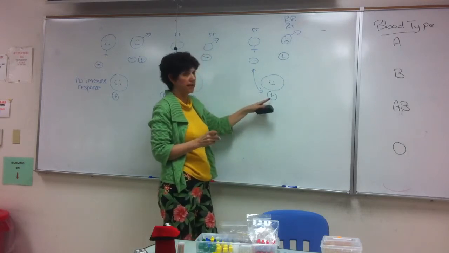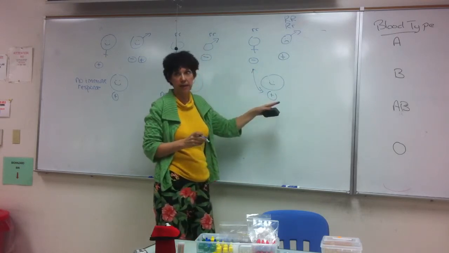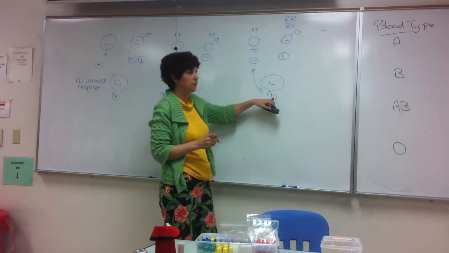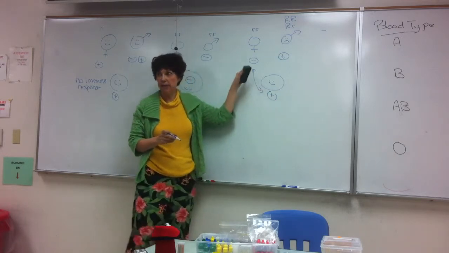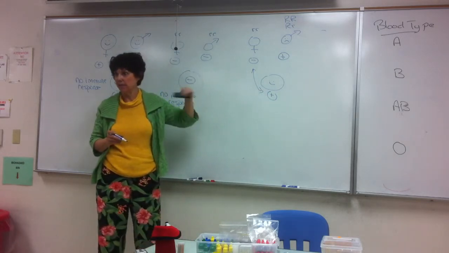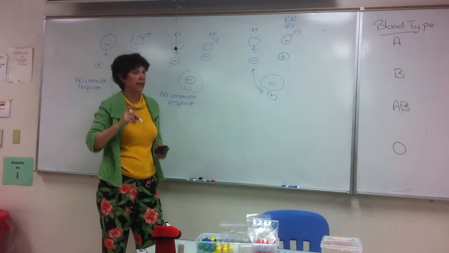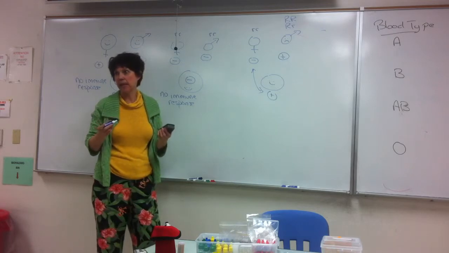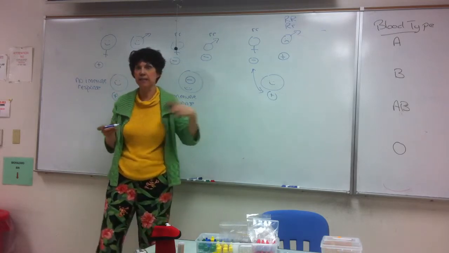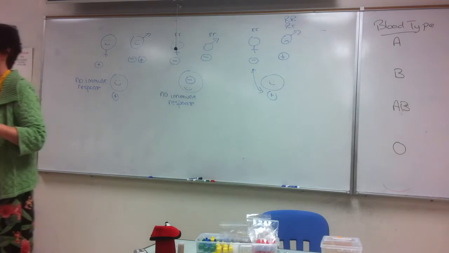So if the baby is positive, when the baby is born, some of those fetal red blood cells will enter into the mother's bloodstream and interact with her macrophages and B lymphocytes, and she will make antibodies. That baby is pretty safe because he's already out of the womb.